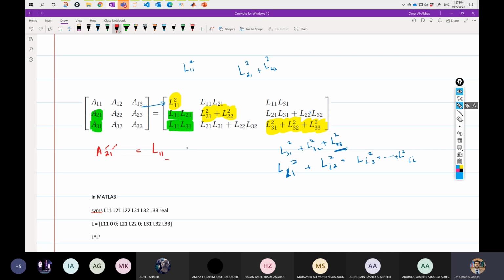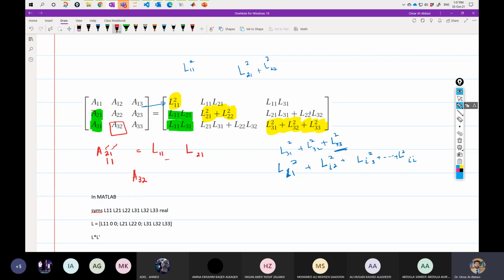In other words, we have the rows and we have the columns. Maybe that is not clear. Let's look at A32.